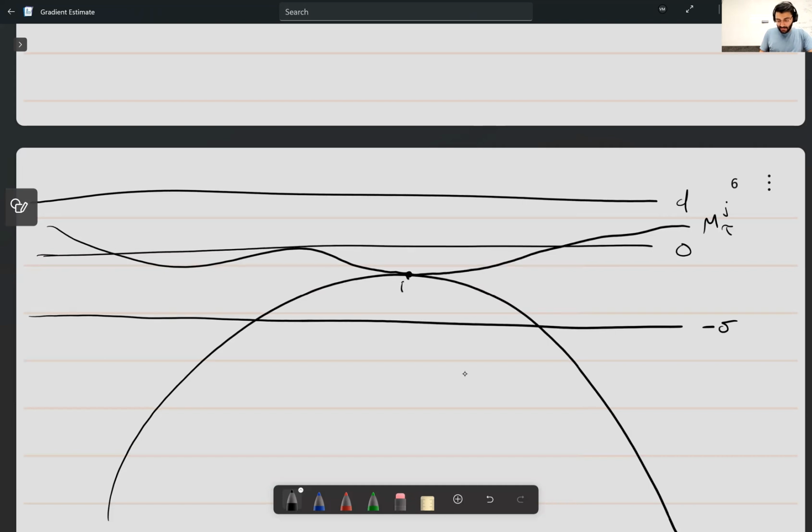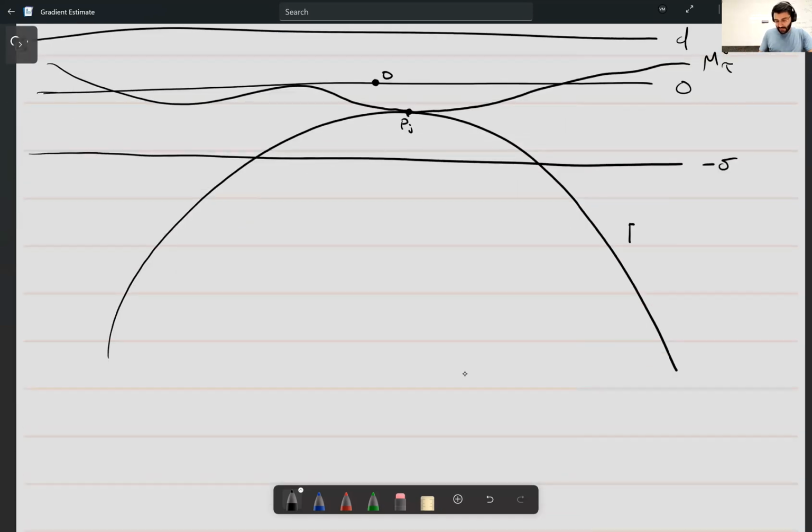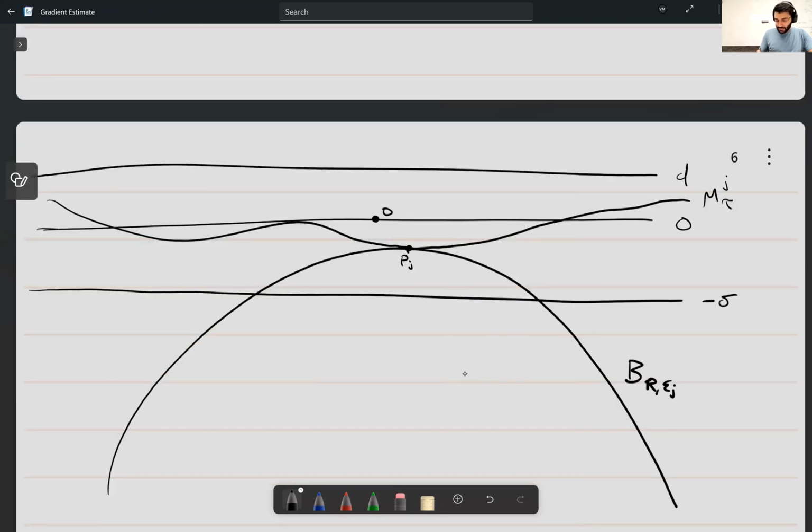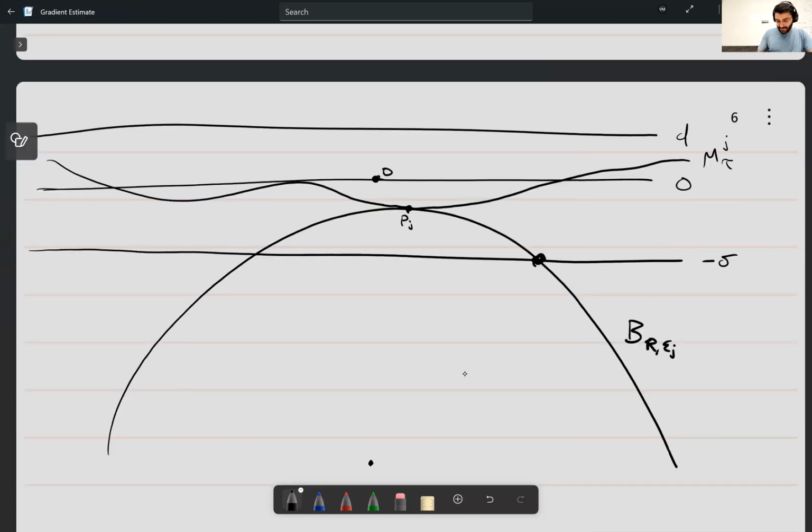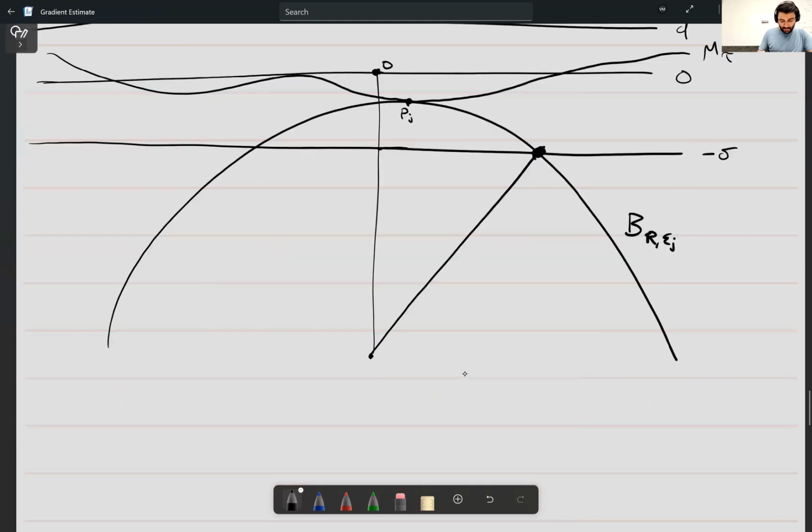So here's p_j, and here is 0. And this thing here, that's B_r(epsilon_j). I have this bound minus delta. So the furthest away that p_j could be is this point here. This is just some Euclidean geometry. We have this triangle here, and we want to find out how far away this is from this point here. So we can just calculate that.